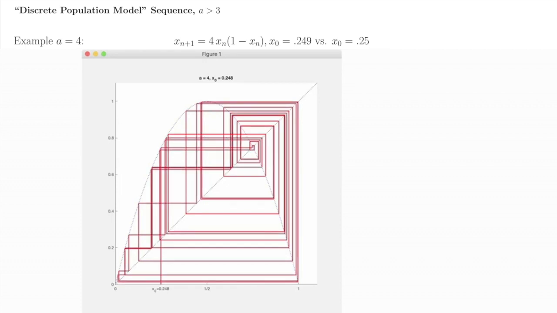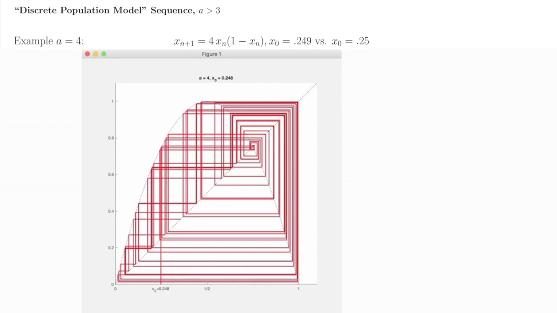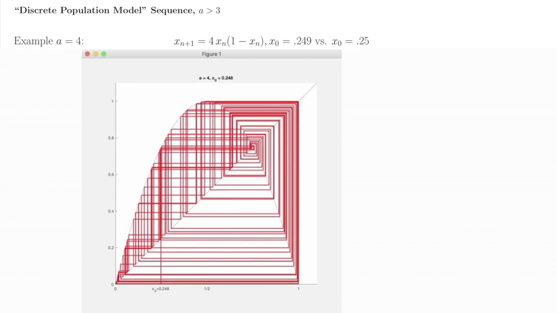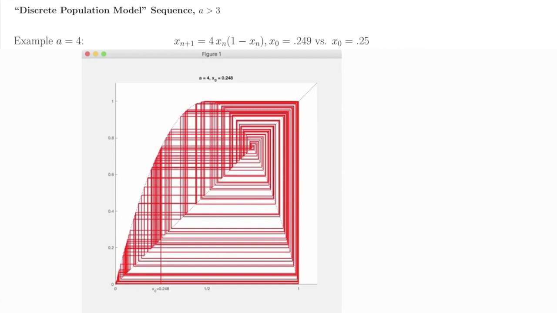So this is not tracing out a curve which is almost exactly the same as the previous simulation when the seed was 0.249 rather than 0.248.